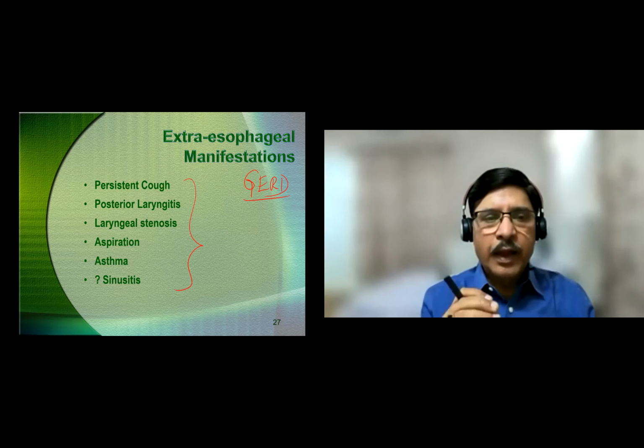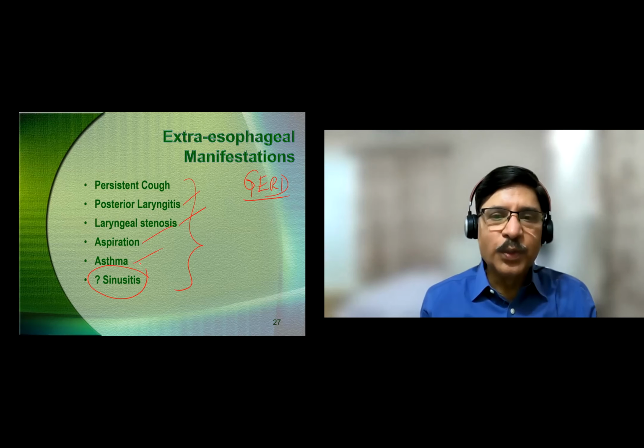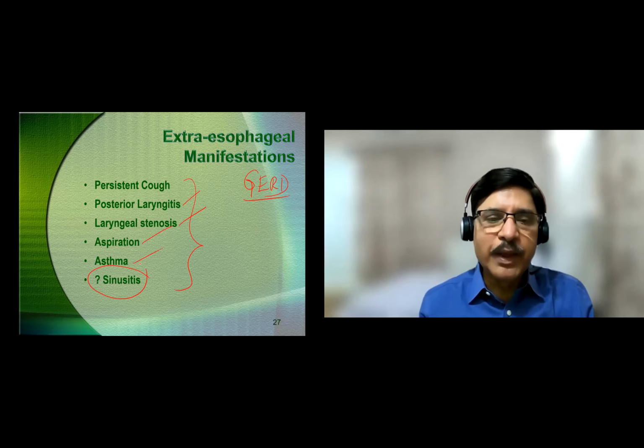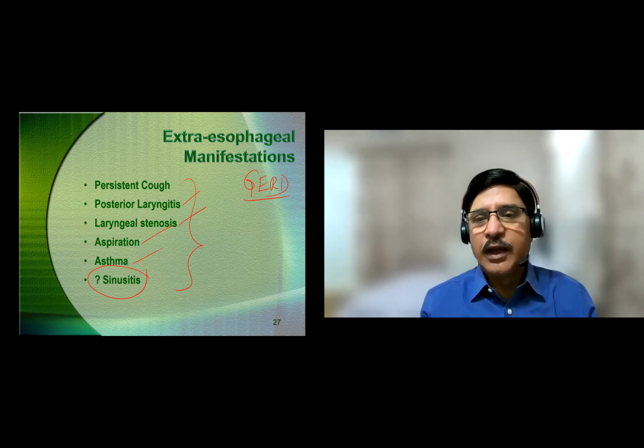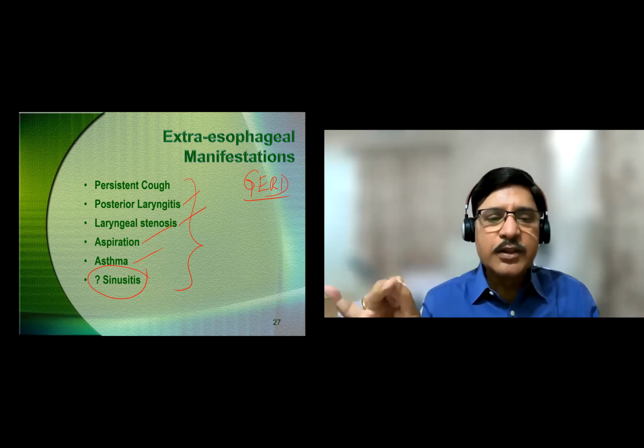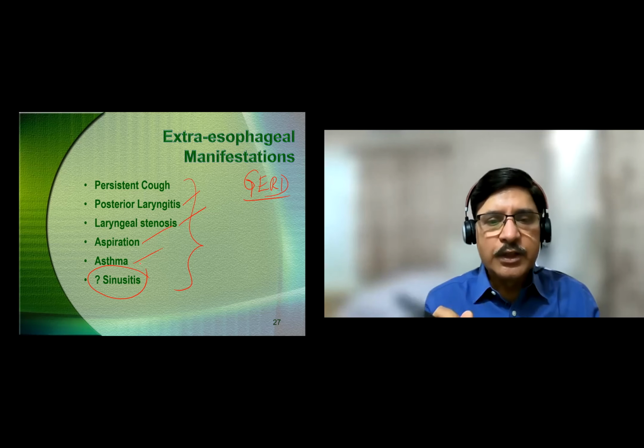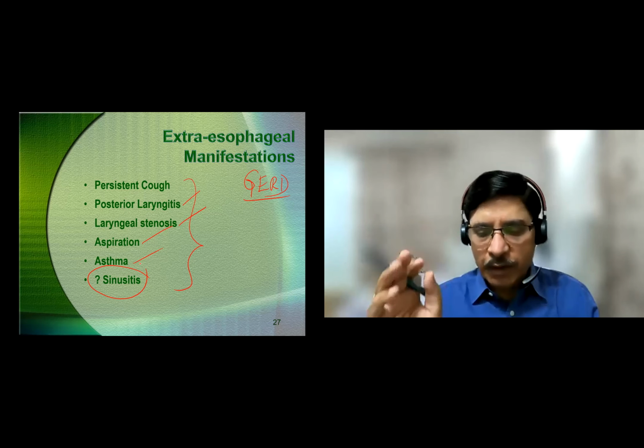Posterior laryngitis, laryngeal stenosis, frequent aspirations, uncontrolled asthma and unexplained sinusitis are all due to extra esophageal manifestations of GERD. You treat GERD, sinusitis gone, asthma controlled, aspirations reduced, laryngeal stenosis reduces, laryngitis goes down, persistent cough vanishes.